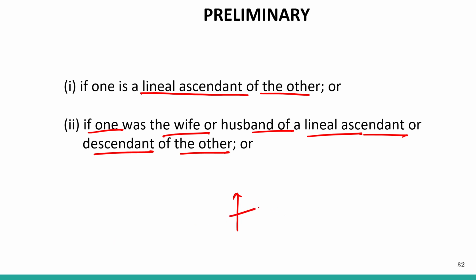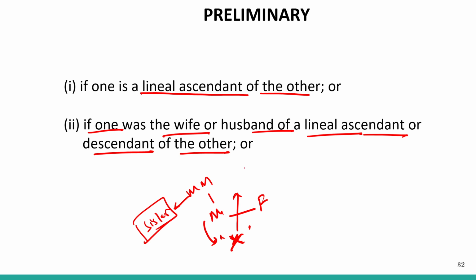Let's take the example: this is a husband and this is the wife, or this is the father, this is the mother, and this is X. X cannot marry his mother, he cannot marry his mother's mother, neither can he marry his mother's mother's sister.